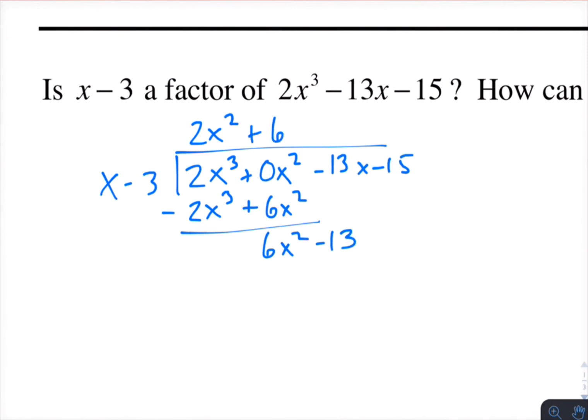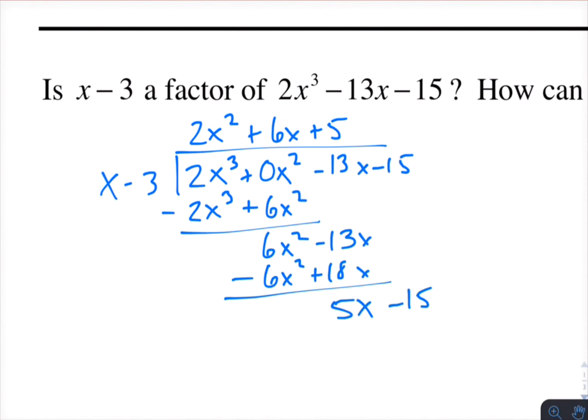And that's 6x, and we multiply. And then subtract. And we see that goes in 5 times, and we multiply, then subtract, remainder of 0. So this is indeed a factor.